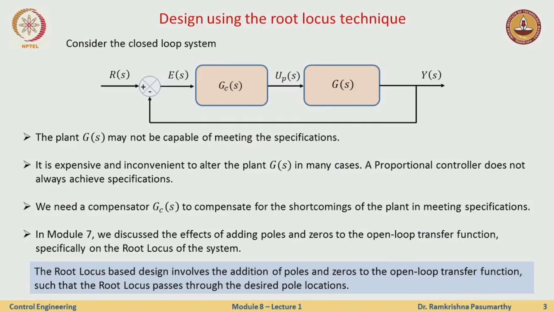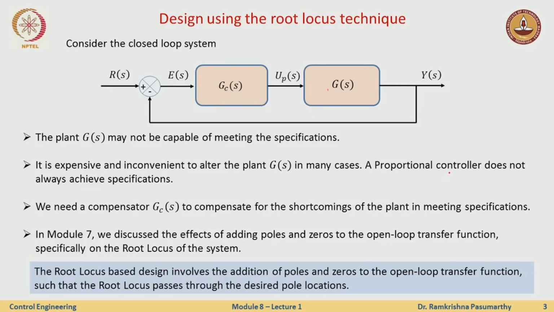A typical closed loop system looks like this. I am given a plant G of s, and suppose G of s does not behave the way I want. The constraint is that I may not be able to alter the plant, or it might just be expensive. In some cases, it may also happen that a proportional controller may not achieve the specifications.